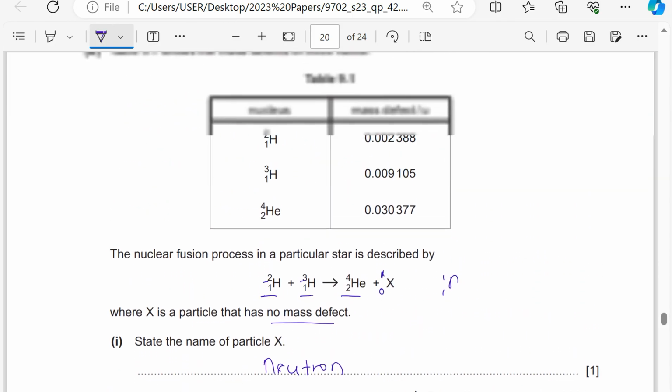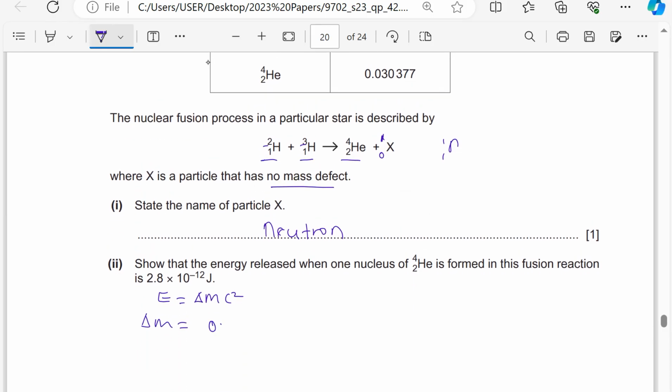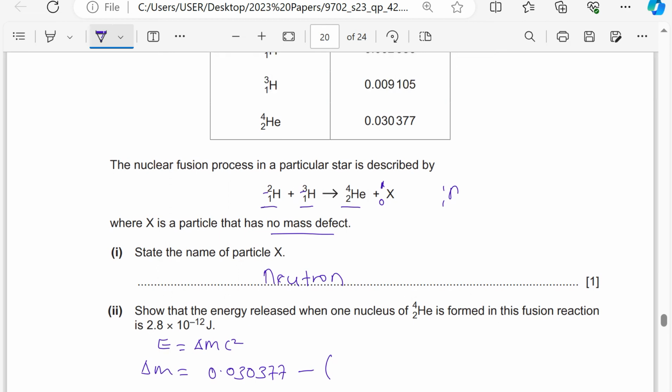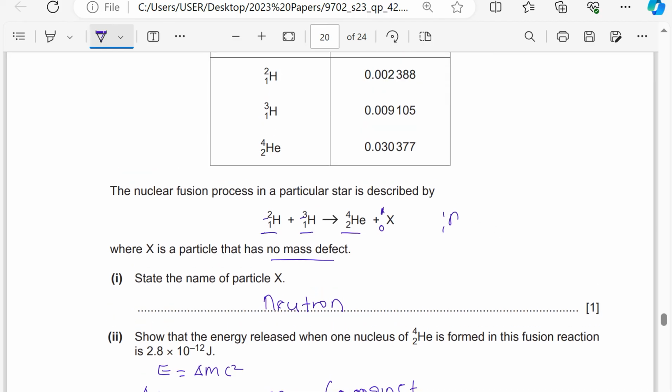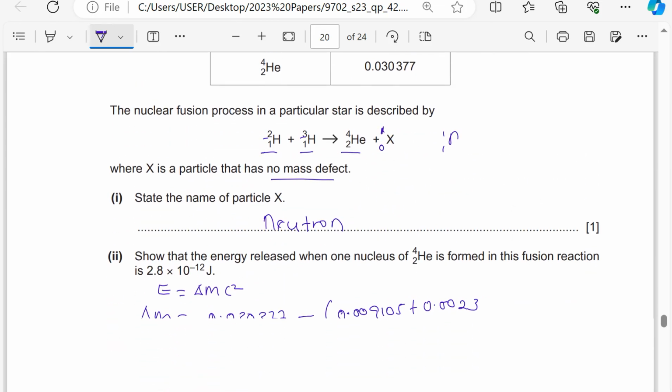So let's find total mass on one side, which is 0.0303777 minus the total mass on the other side, which is 0.009105 plus 0.002388.